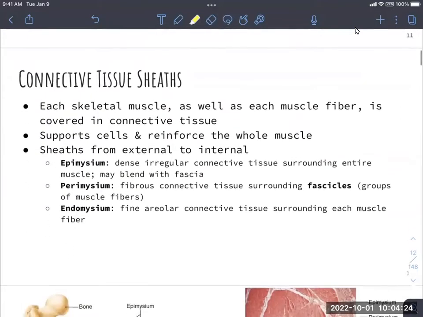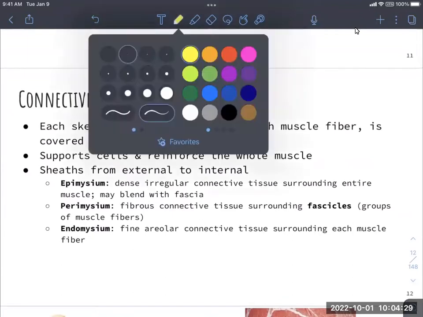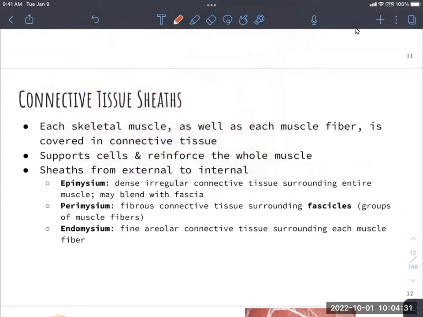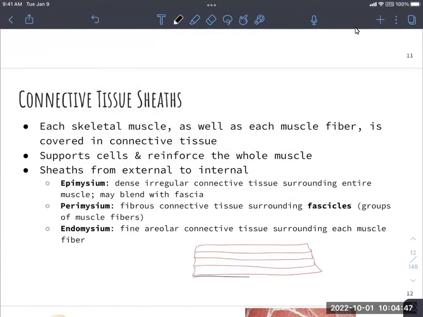How I drew those muscle fibers above, not only does each of these muscle fibers connect to a nerve, each of these fibers has a connective tissue sheath around them.